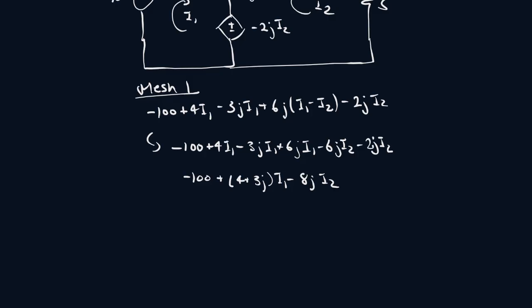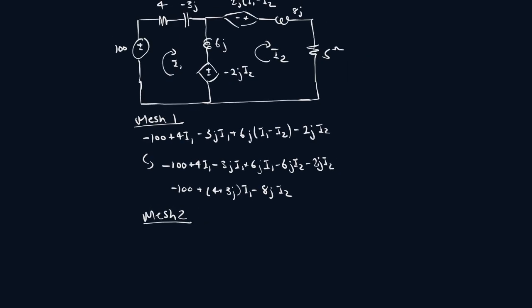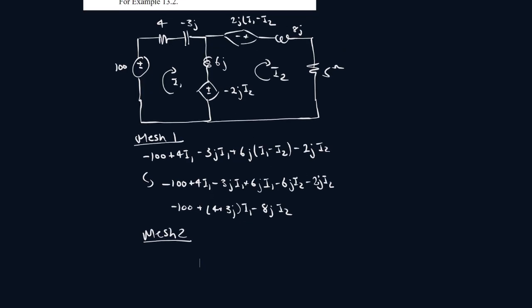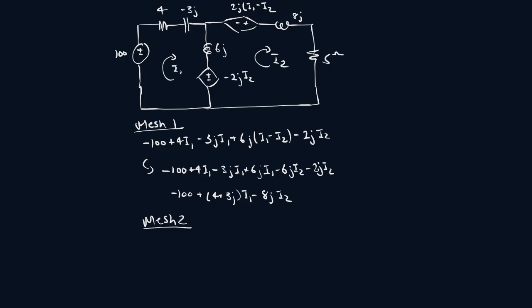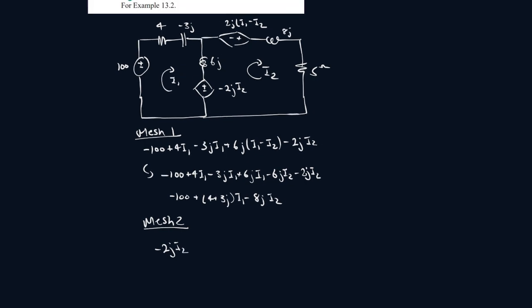Now for mesh 2, where should we start? Let's start from here. So minus 2jI2 plus 6jI2 minus I1.